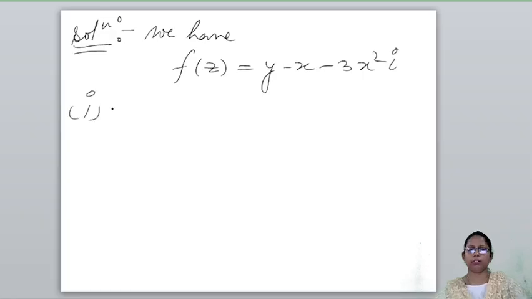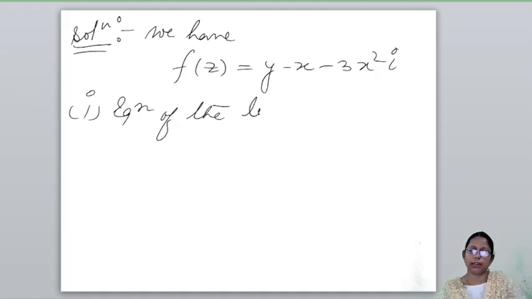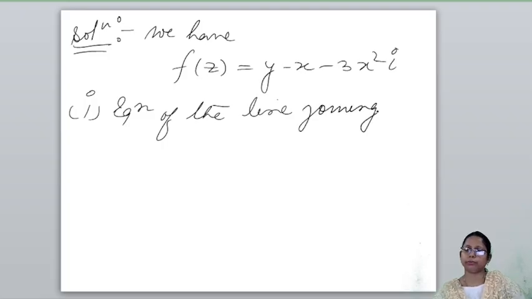Number 1, the equation of the line joining z equal to 0 to z equal to 1 plus i.